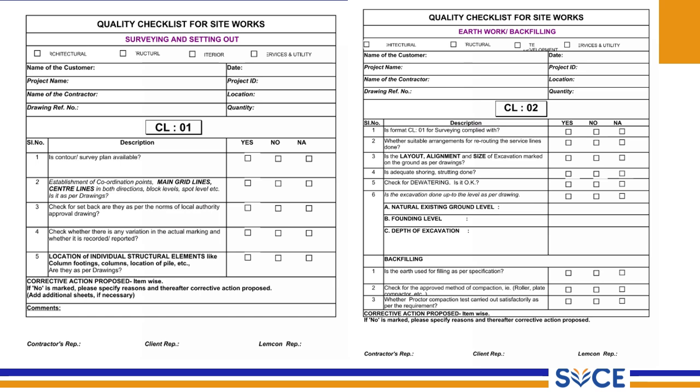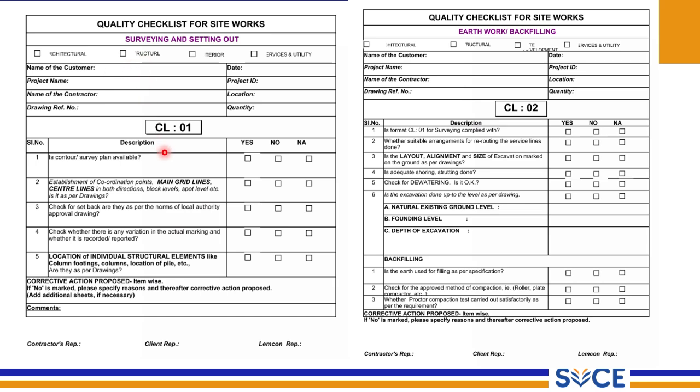In checklist 1, you can see the different things that have been mentioned, like whether it is architectural, structural, interior, service or utility. The name of the customer, project name, project ID, location, quantity, all those things are basic information we have to collect while doing the checklist.